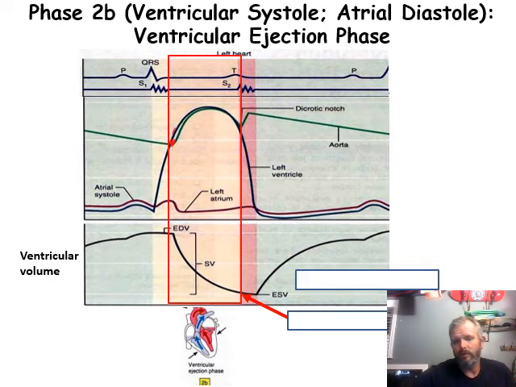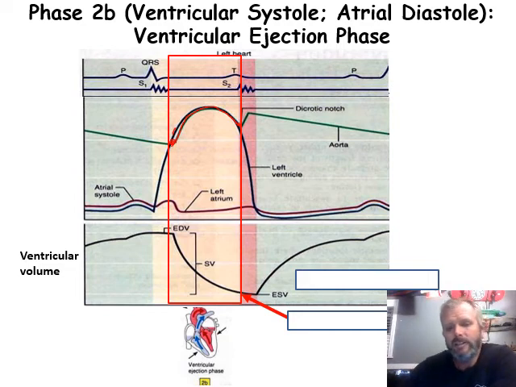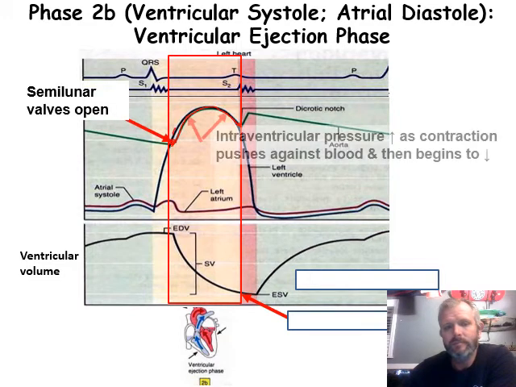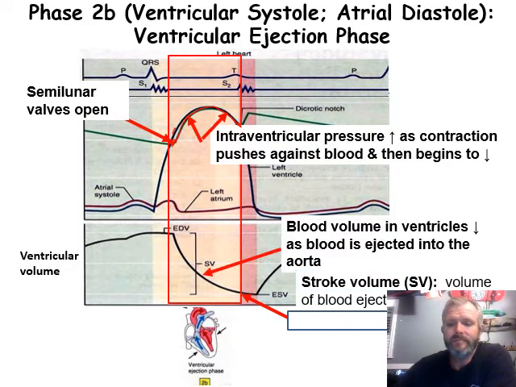Out to the aorta. Okay, as the ventricles continue to contract, eventually they're going to start repolarizing and going into relaxation. All right. Now you can see there's going to be this new phase here.